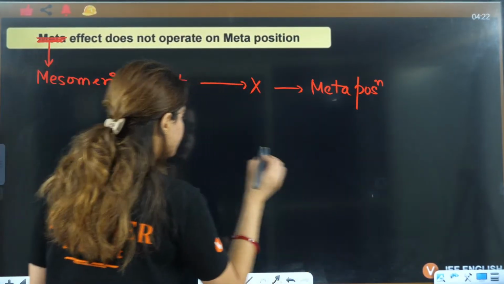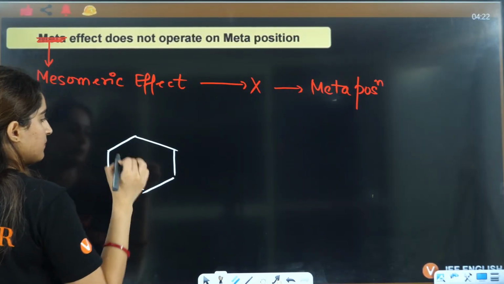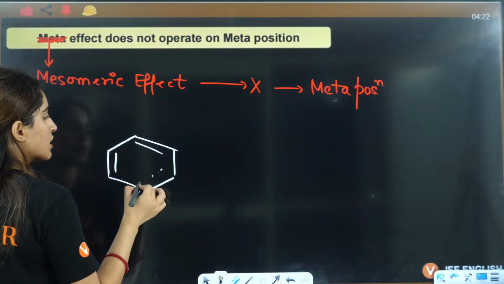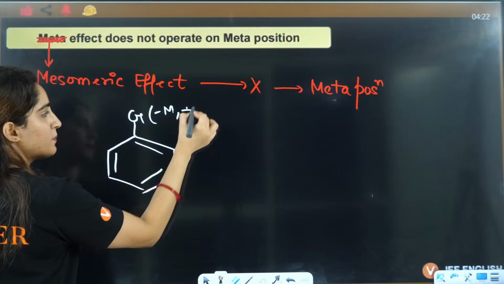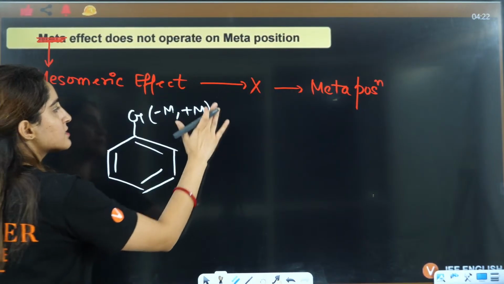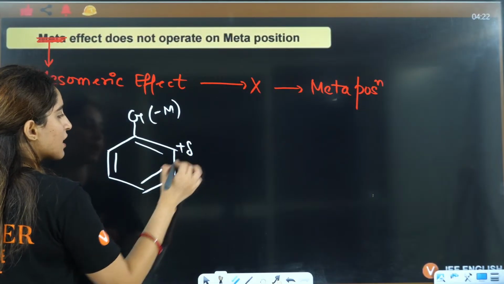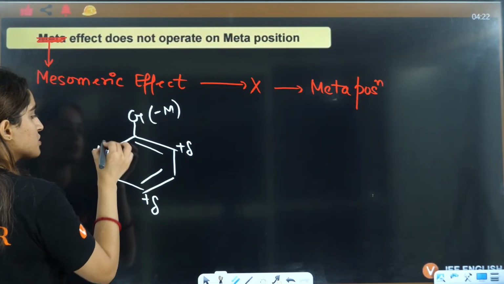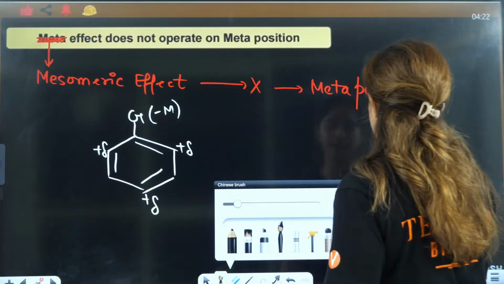What is the reason? If you see the structures, if you have a group, even if it is showing minus M or plus M, right? Let's say it is showing minus M. Then you will have positive charge here, positive charge here, positive charge here. On meta, nothing as such is happening, right?